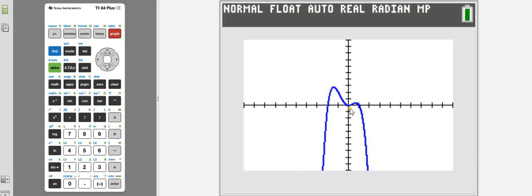So whenever a repeated 0 occurs an even number of times, it will not go through the x-axis, but rather it will touch the x-axis and go back towards the direction where it came from. However, if the repeated 0 occurs an odd number of times, then it will go through the x-axis.